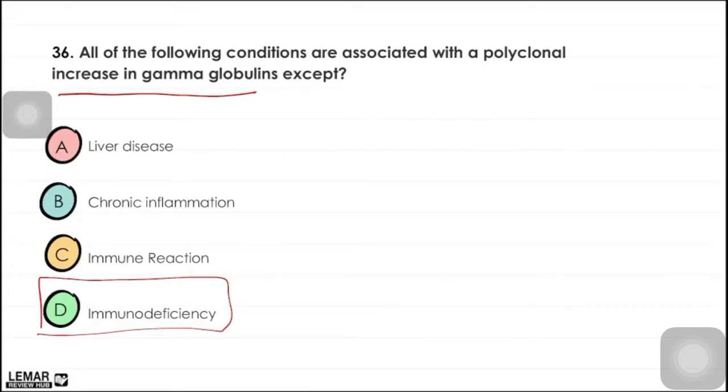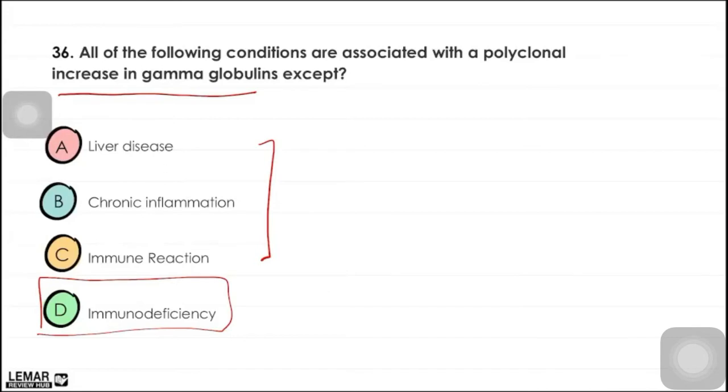Immunodeficiency would of course generally be associated with decrease in serum immunoglobulin levels and an associated decrease in gamma band. This is observed in immunodeficiency conditions. Polyclonal increases are associated with infection, inflammation, what else?